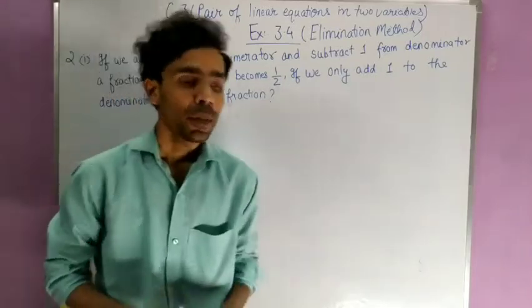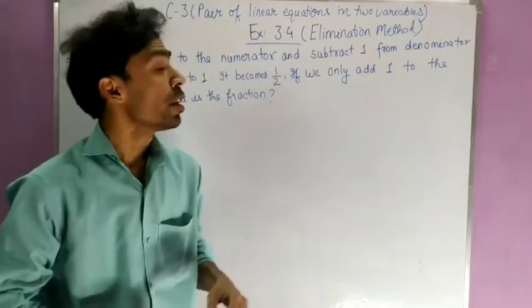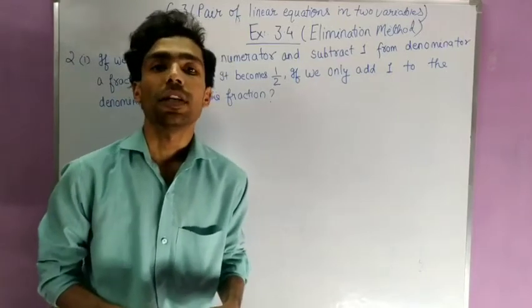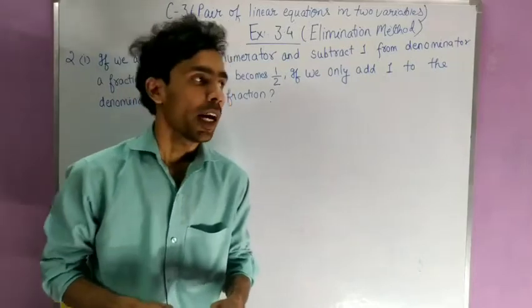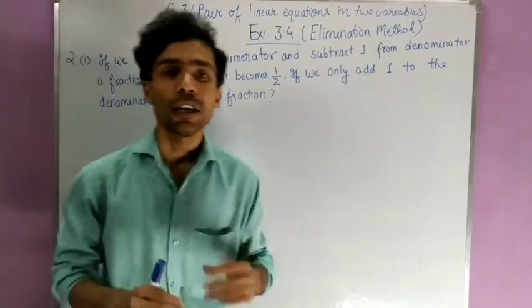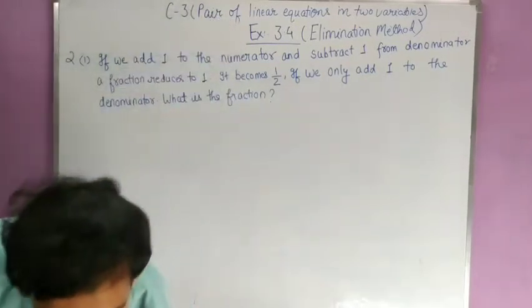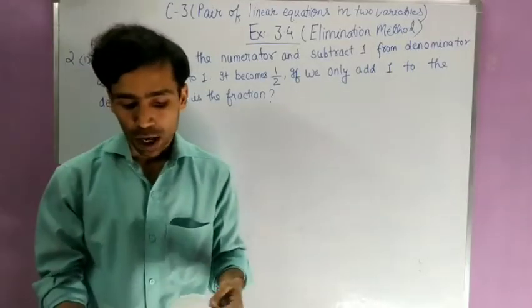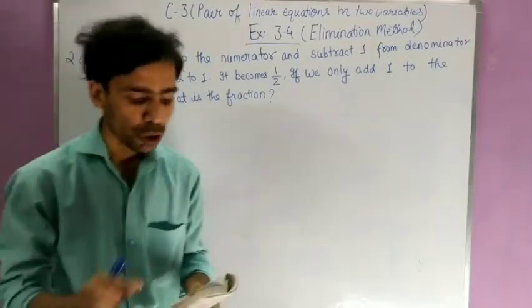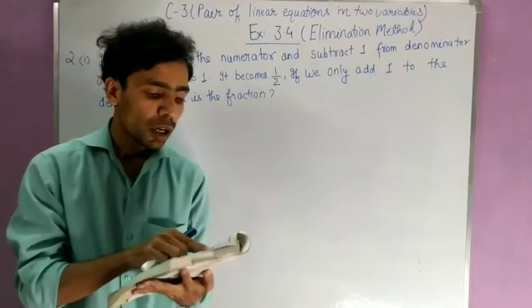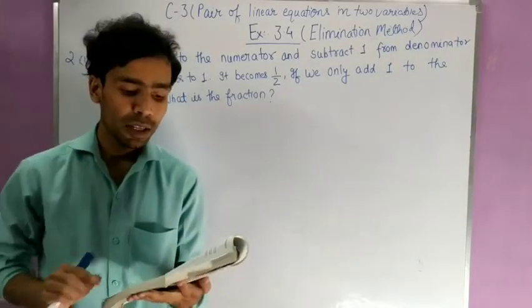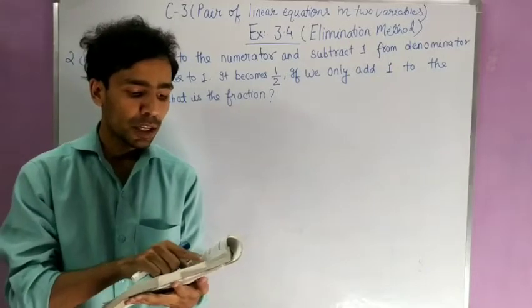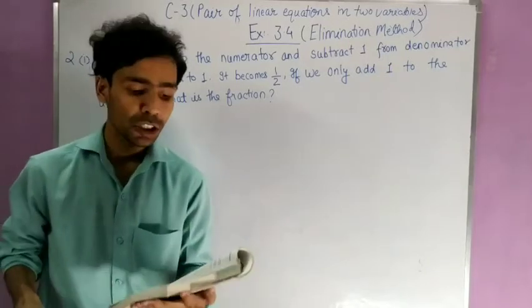So today we will solve the remaining questions of exercise 3.4. The first question we have covered, and now the second question is based on word problems. So I will tell you what the questions are. See, in question number 2, the heading was: form the pair of linear equations in the following problems and find their solution if they exist by the elimination method.